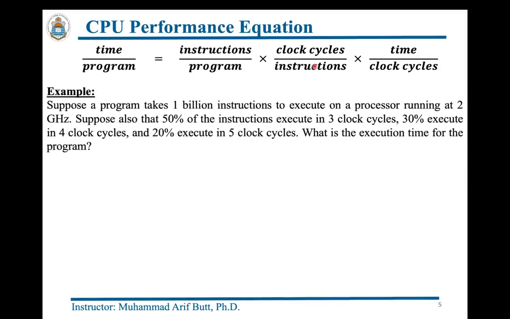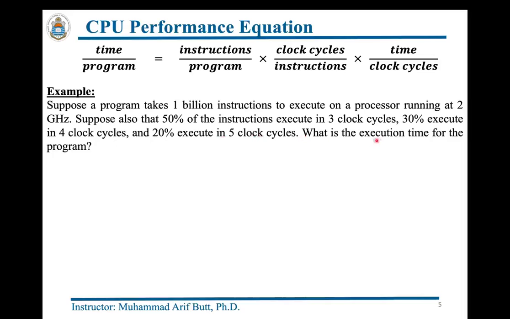Let us understand this CPU performance equation with the help of an example. Suppose that there is a program that takes 1 billion instructions to execute on a processor running at 2 gigahertz. And also suppose that 50% of the instructions take 3 cycles to execute completely, 30% take 4 clock cycles, and the remaining 20% take 5 clock cycles to completely execute.